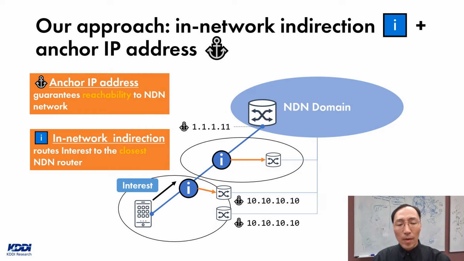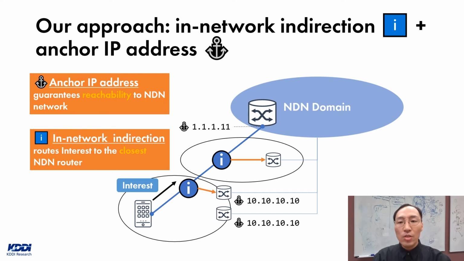In order to provide consistent access to the overlay end-to-end network, regardless of the deployment scenario, we designed the new bootstrapping architecture, which uses in-network interaction and anchor IP address. Our design is as follows.